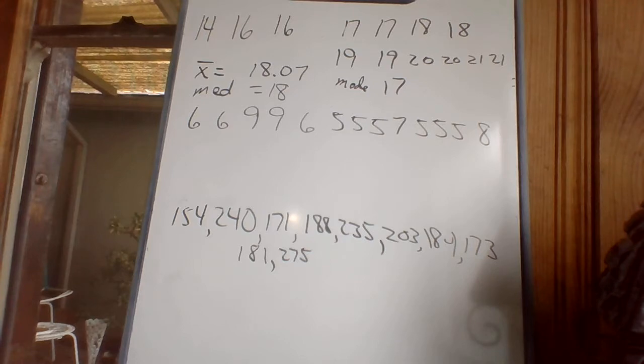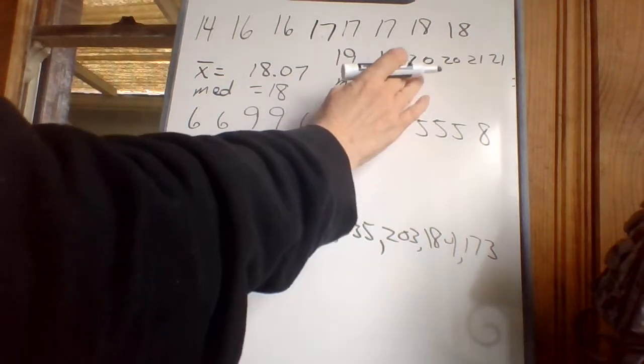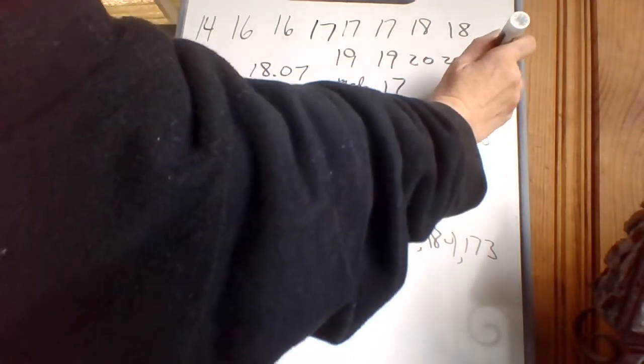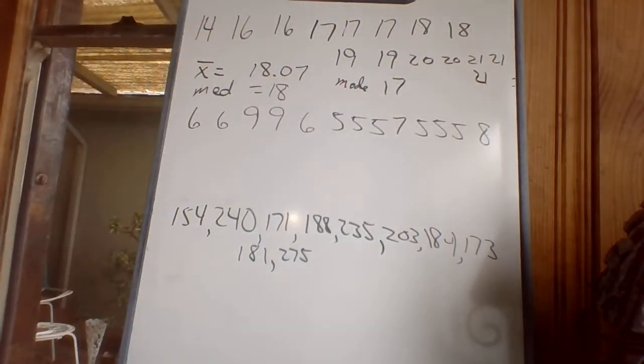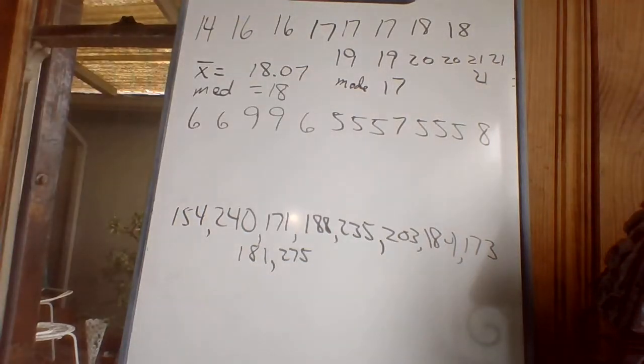It's like a tie practically across the whole board. Or what if there had been 21, 21, 21? So now it's a tie, but only 2 of them are tied. Then I might call it bimodal. It's got 2 modes, 17 and 21. So it's okay to have 2 modes. It's not okay to have everything be a mode. That'd just be no mode. But if a couple of them are tied, you could say bimodal.